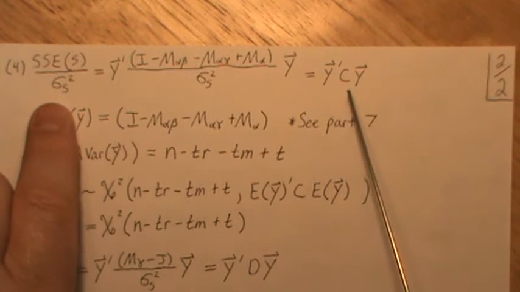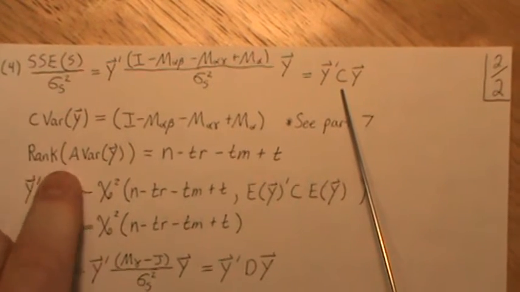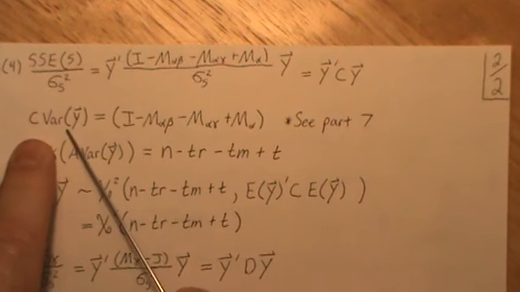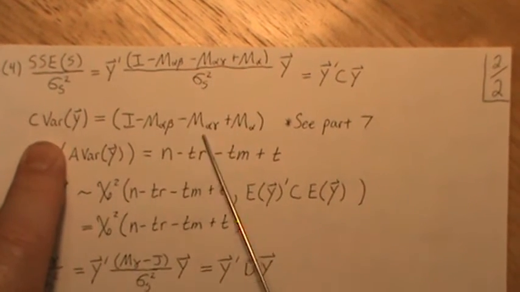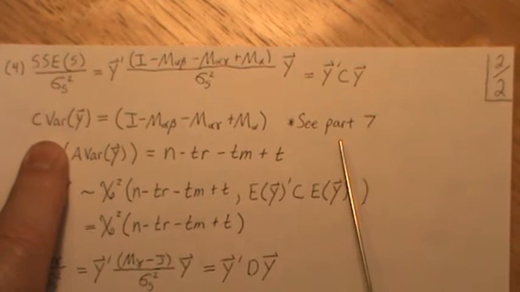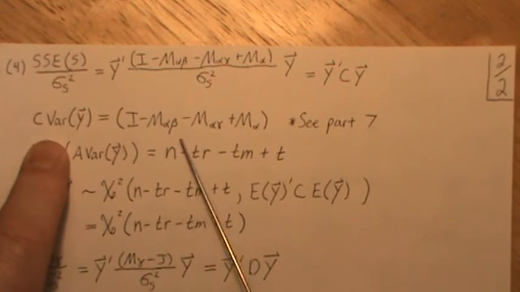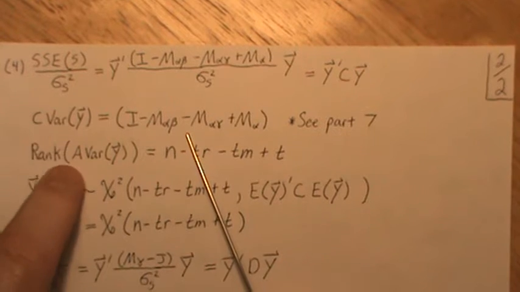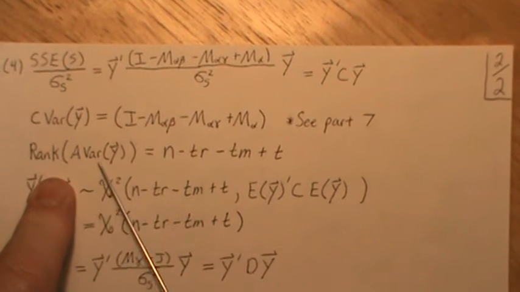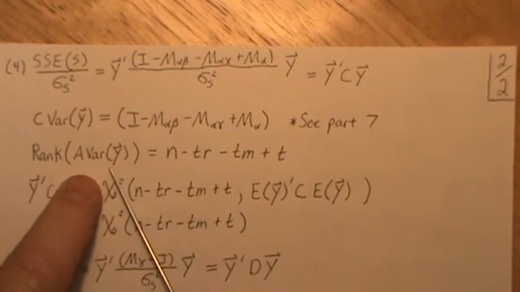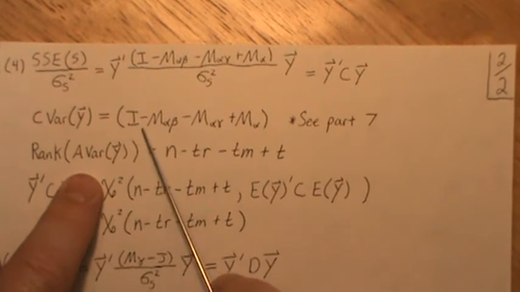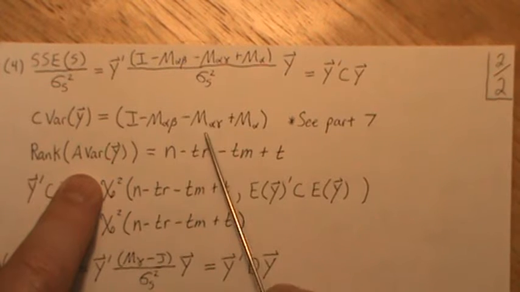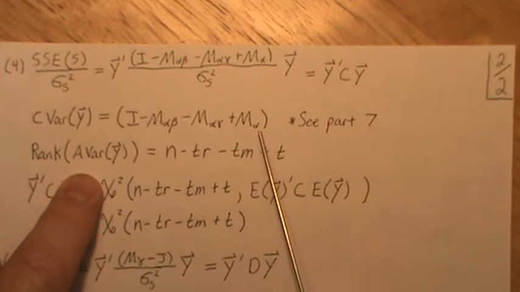We can just generically call that C, and we have to show that C times the variance of y is idempotent, and this ends up being this matrix, which, you can see part 7, is a perpendicular projection matrix, and so it's idempotent. And the rank of C times the variance of y ends up being the rank of this matrix, so that's N minus TR minus TM plus T.